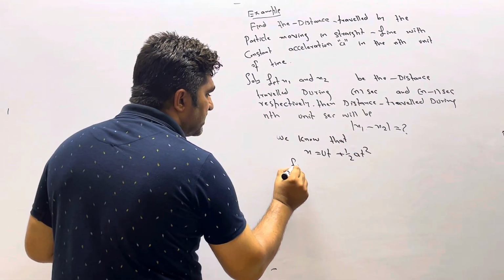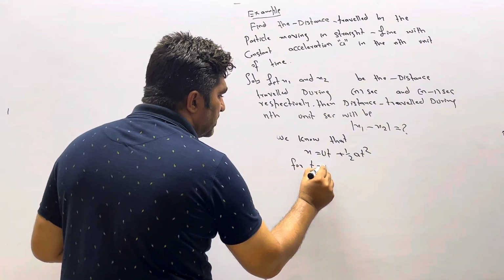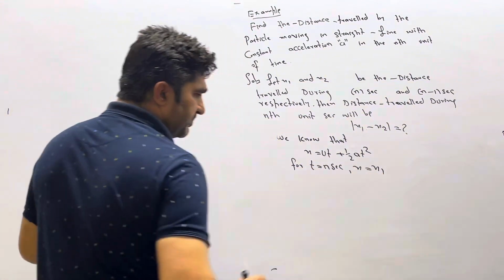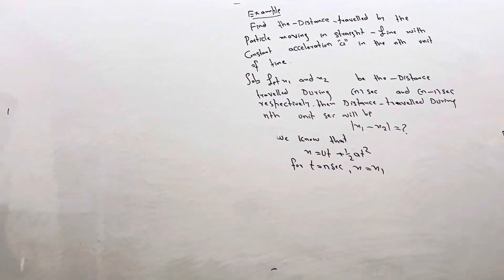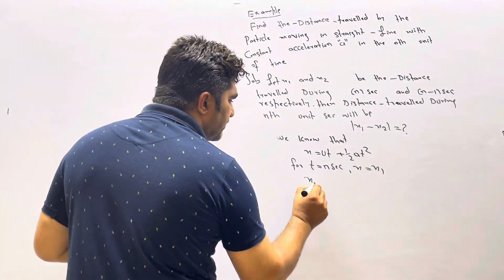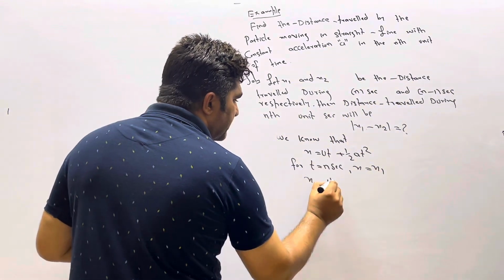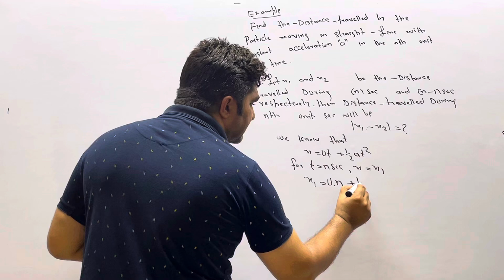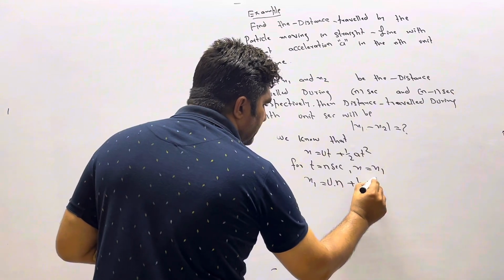For t equal to n seconds, x will be x1 here. So rather than x, I can take x1, u, and t will be n here, because I'm calculating this distance during n seconds, plus half a, and it will be n square.